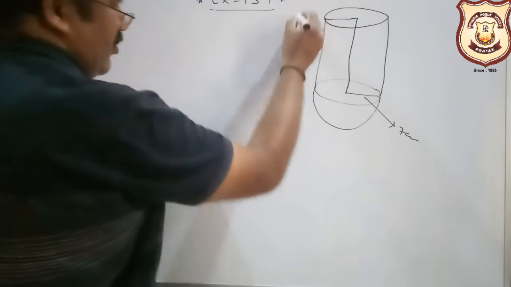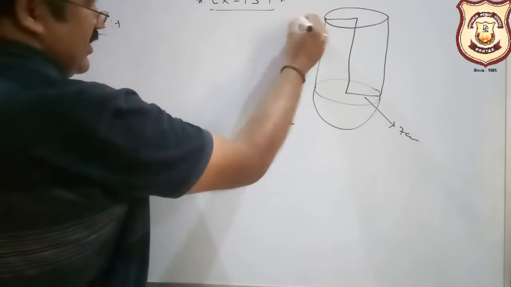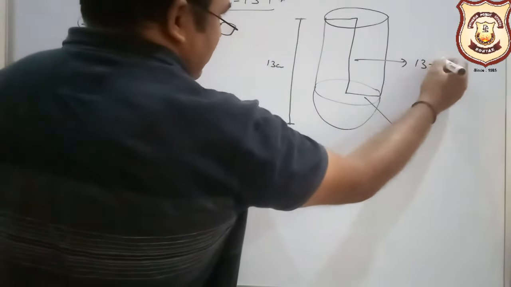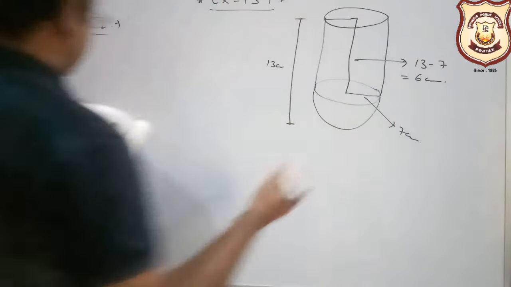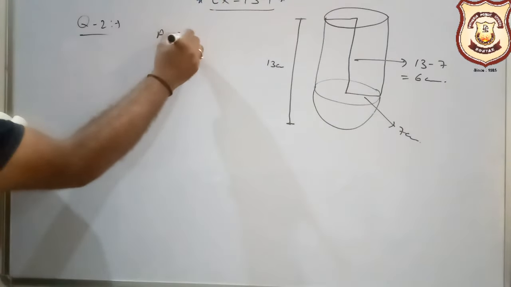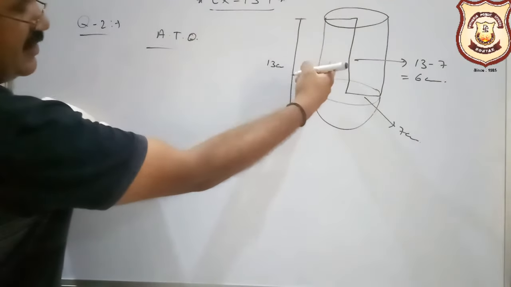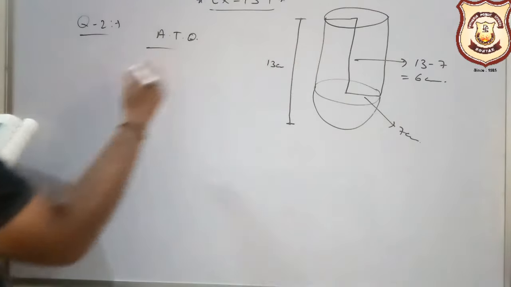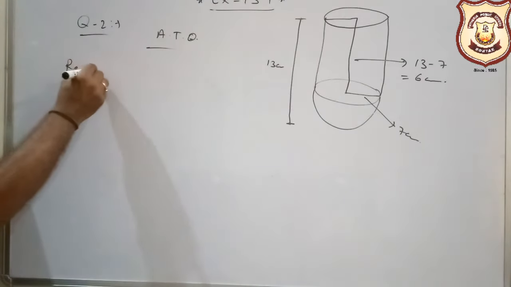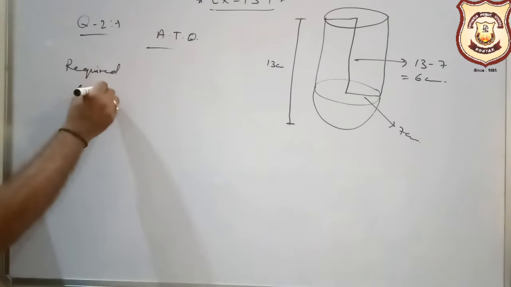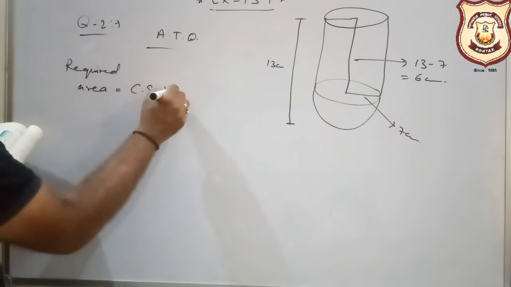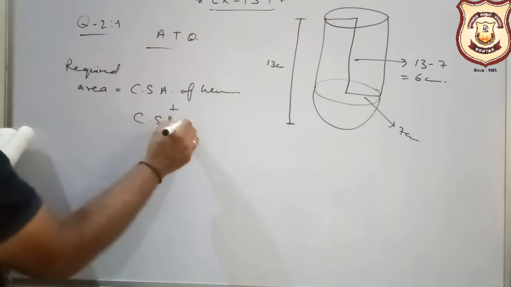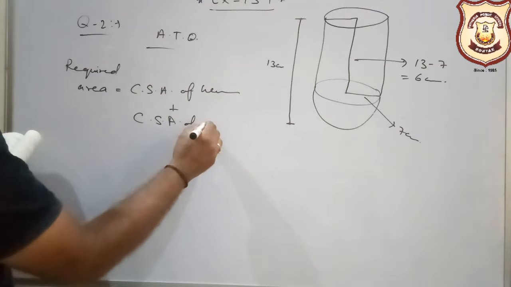The total height is 13, so this one becomes 13 minus 7, 6 centimeter. Now you can write, cone is not given, cylinder is given. So change it to cylinder. Required area is CSA of hemisphere plus CSA of cylinder.